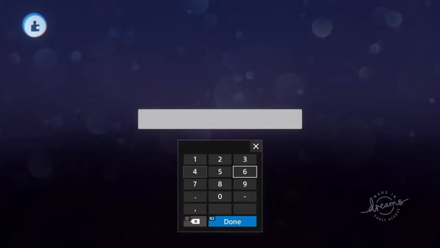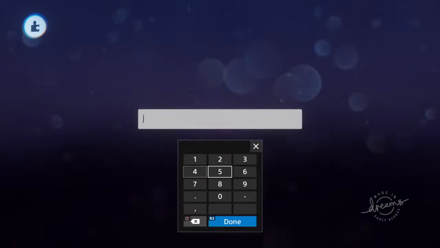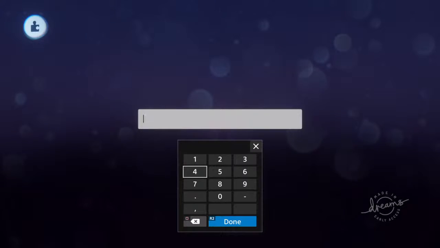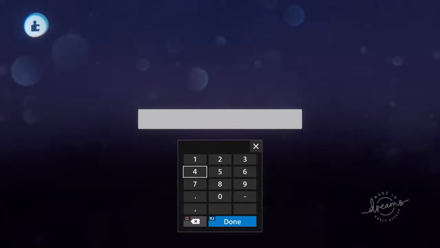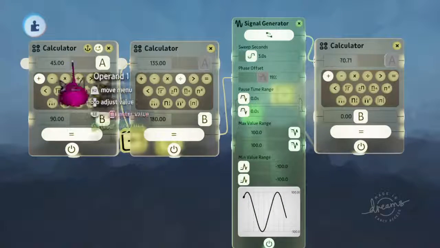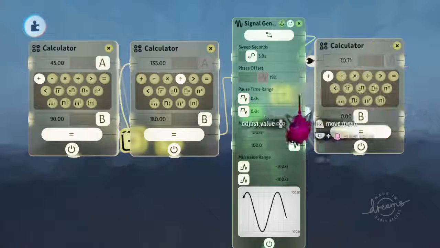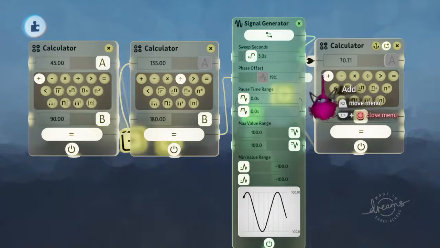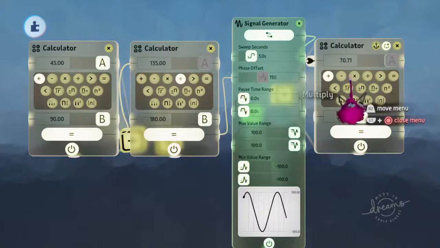So let's say the cannon is at, let's say, like 45 degrees, right? The number it would spit out would be 70.71.